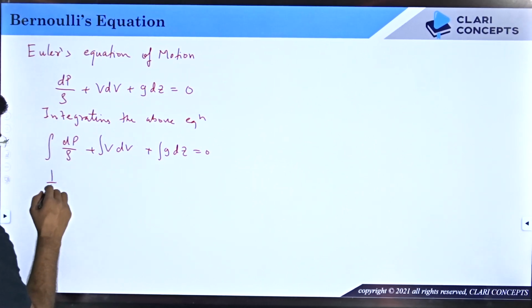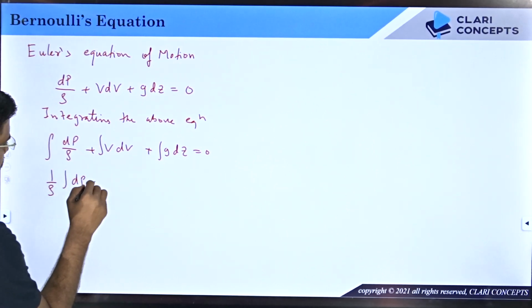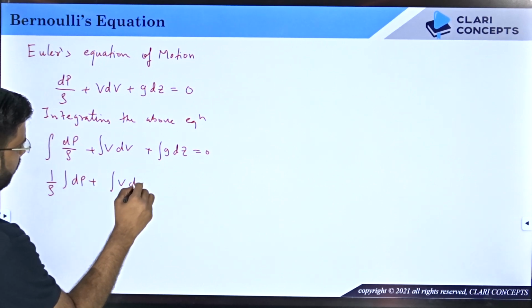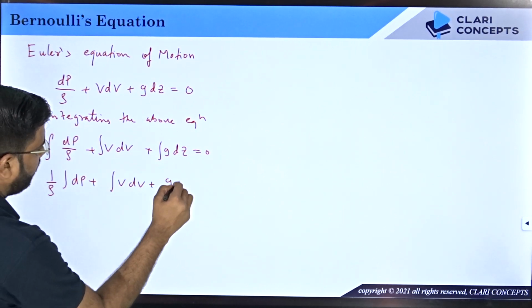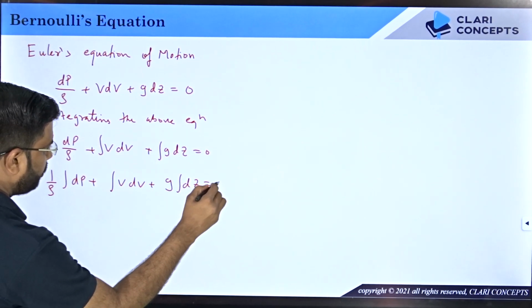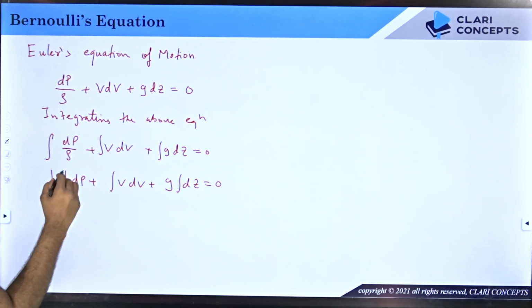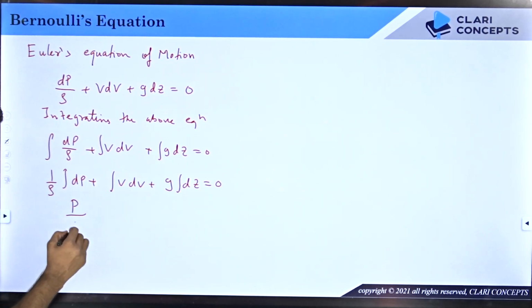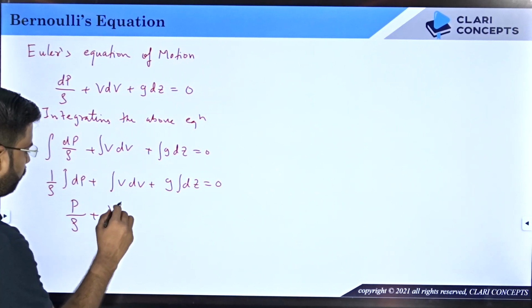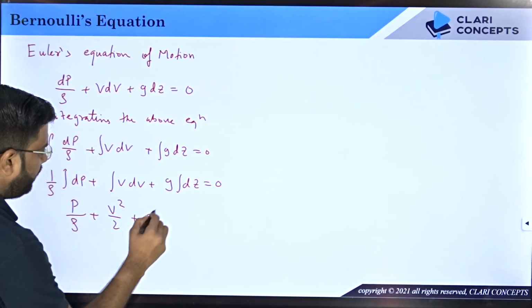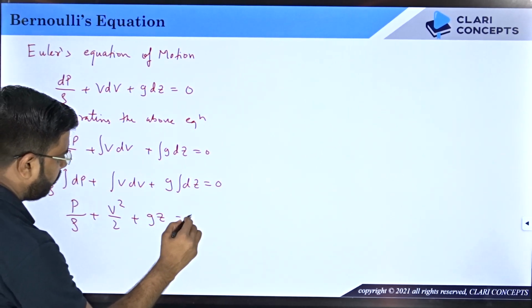So this will be 1 over rho integral dp plus integral v dv plus g is anyway constant, you can take it outside, equal to 0. So now integral of dp will be just p by rho plus integral of v dv will be v square by 2 and integral of dz will be z, equal to 0.